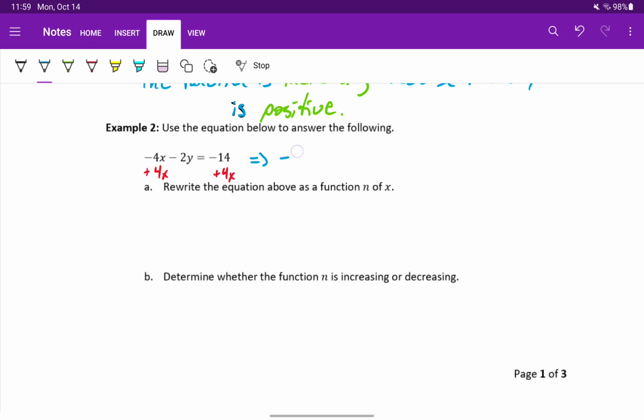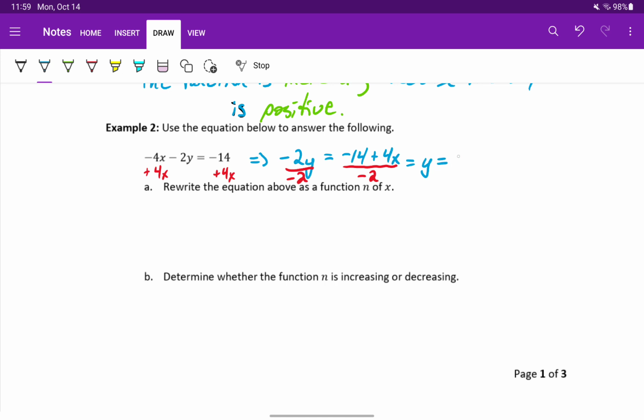which will update our equation to be minus 2y is equal to negative 14 plus 4x. Then we'll divide both sides by negative 2 to get y by itself.